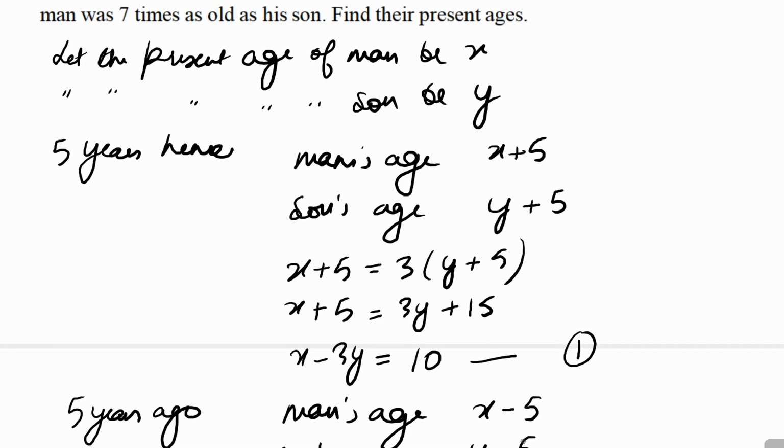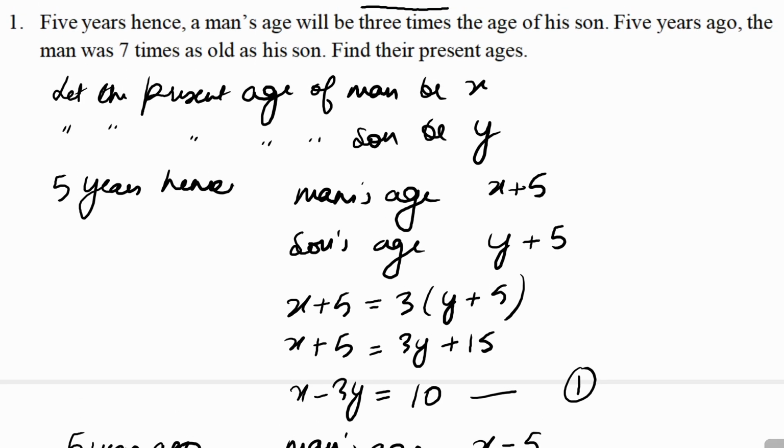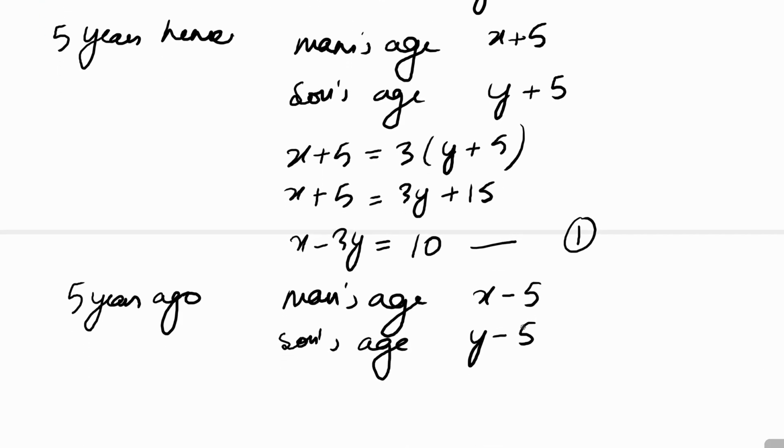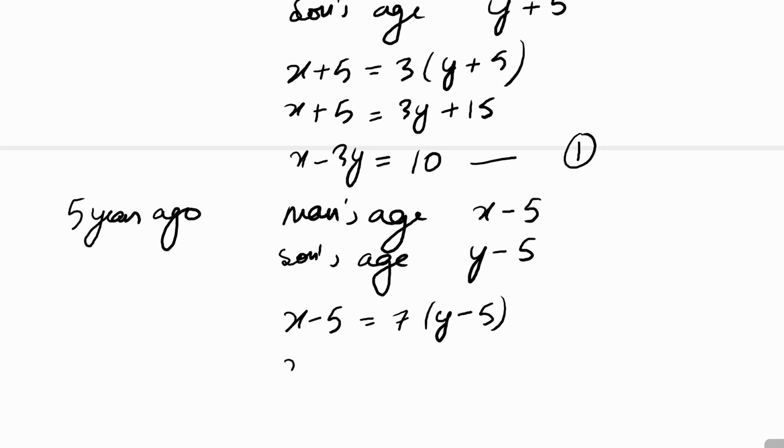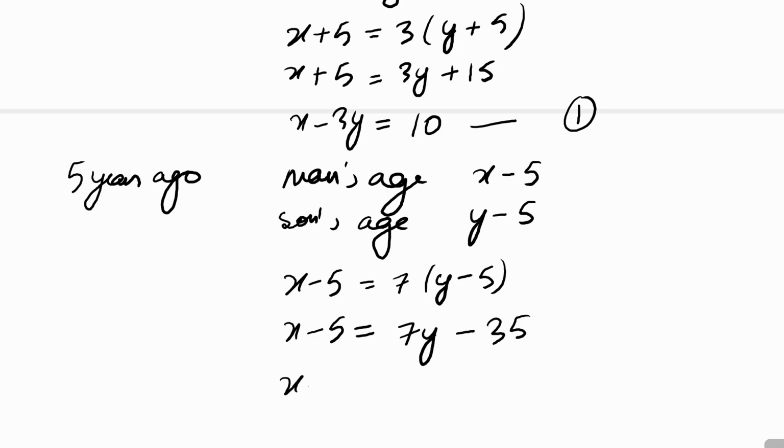So what was the relation then? 5 years ago the man was 7 times as old as his son, that is x minus 5 is equal to 7 times y minus 5. This will become x minus 5 is equal to 7y minus 35. So this will become x minus 7y is equal to minus 30. Minus 35 plus 5 will become minus 30.